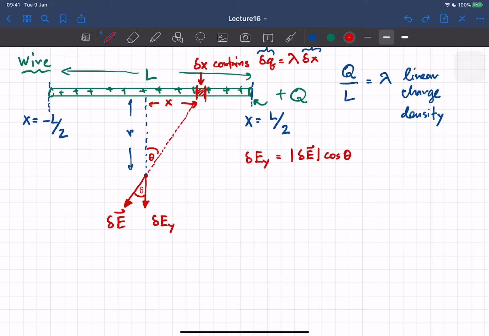Using the Pythagorean theorem, the hypotenuse of this right triangle is the square root of r squared plus x squared. So we can write cosine to be r divided by the square root of x squared plus r squared, from the geometry of our problem.